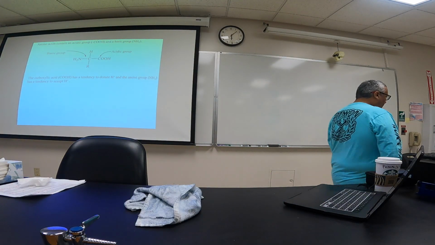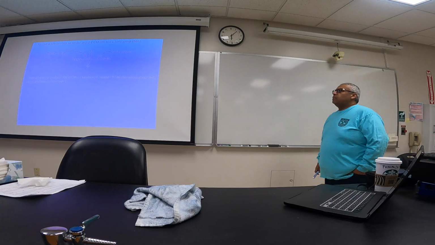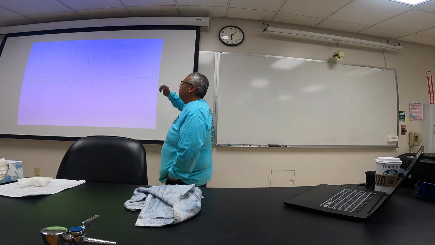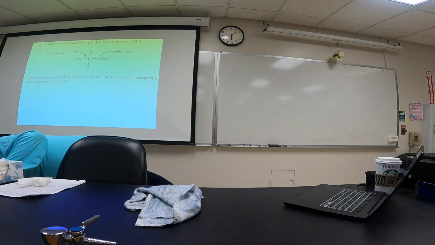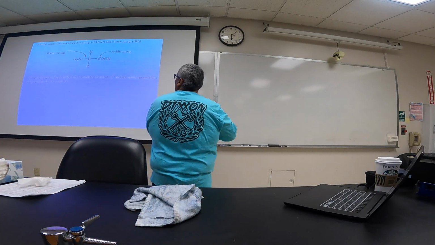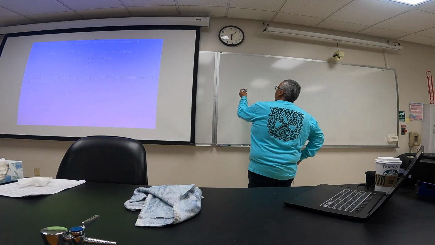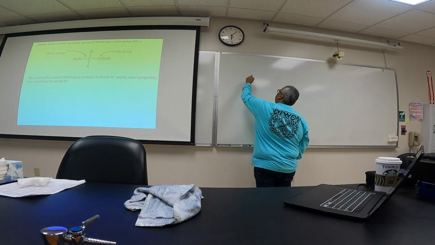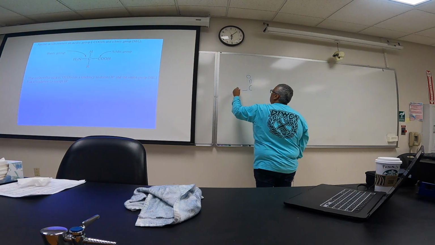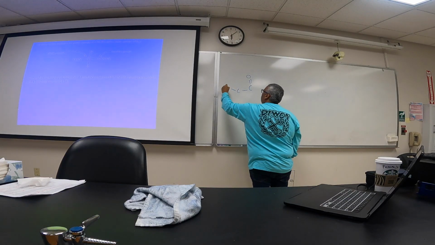Now, I mentioned it before, right? Every amino acid has this acidic group here and this basic group here. Let me just draw alanine. Alanine is pretty easy to work with and draw. My alpha carbon.